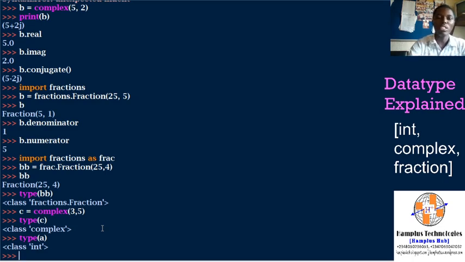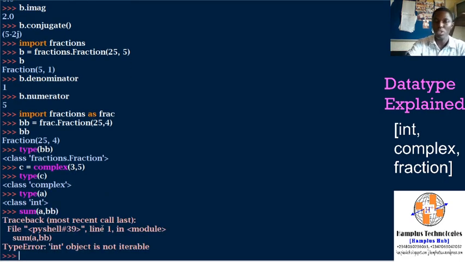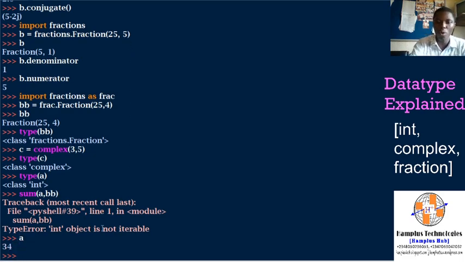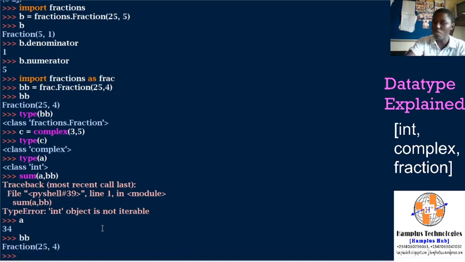Let's see an example. You want to do sum of a comma bb. It gives you what? An error. Why is it giving us an error? The int object is not iterable, but we have our a as 34, and we have our bb as a fraction.